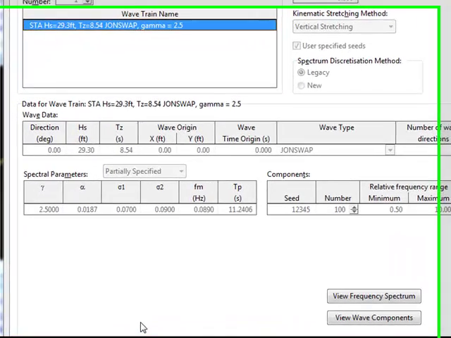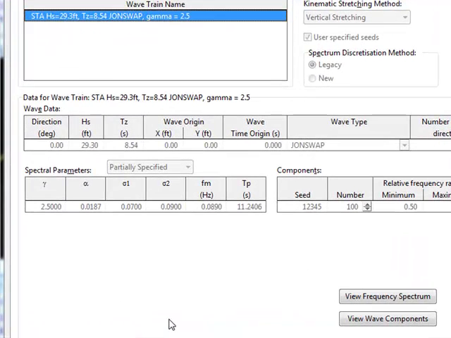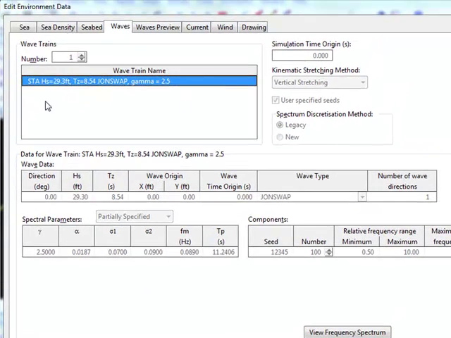Now we're going to look at the compression and how it manifests itself as buckling waves in a 100-year storm with a JONSWAP spectrum, gamma equals 2.5. Significant wave height is 29.3 feet.